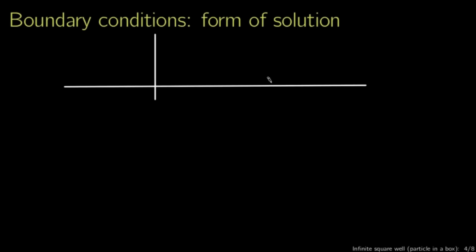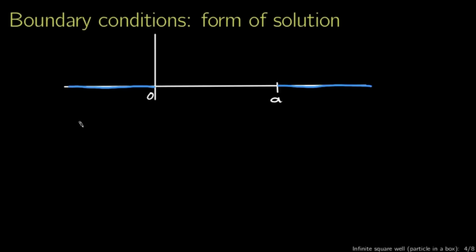Now, we have a wave function that can only be non-zero between 0 and a. Outside that, it has to be 0. So we know right away our wave function is 0 here and 0 here. So whatever we get for those unknown constants, A, B, and k, it has to somehow obey this.